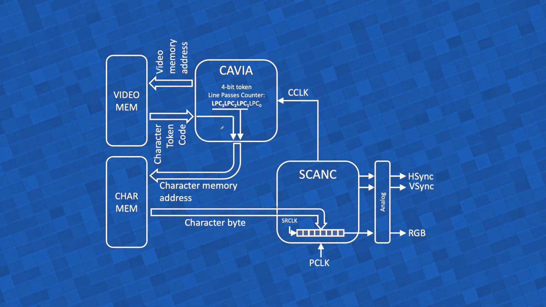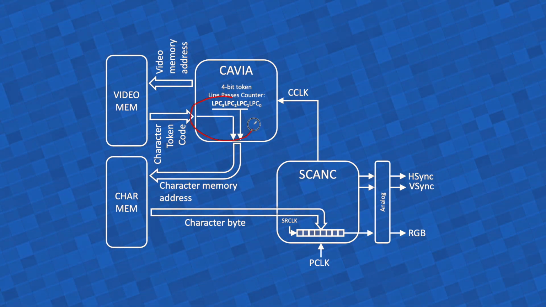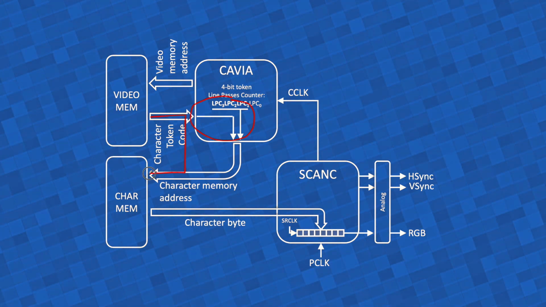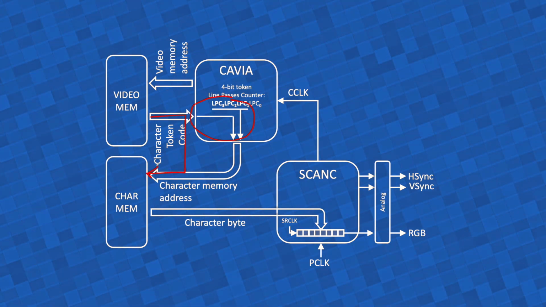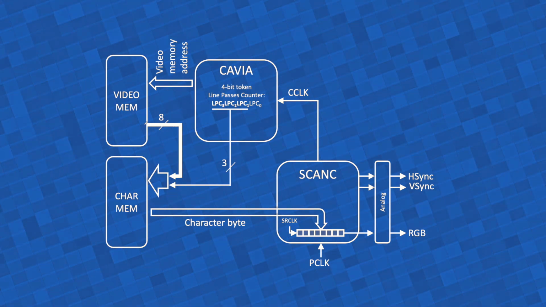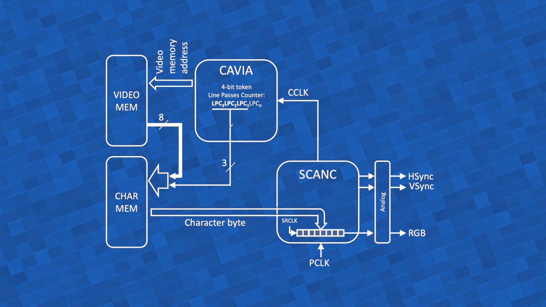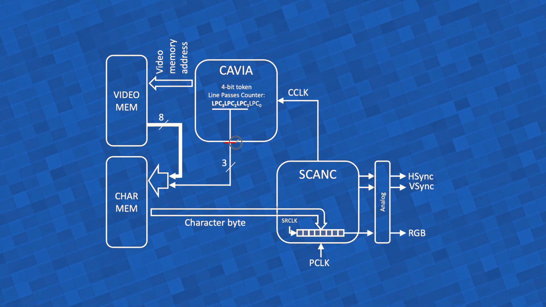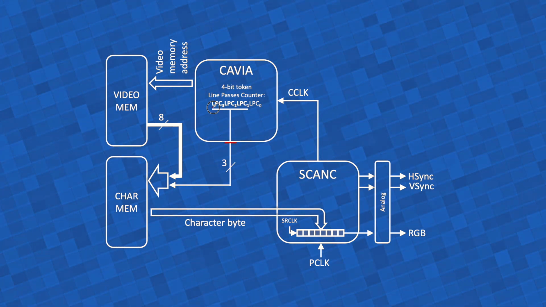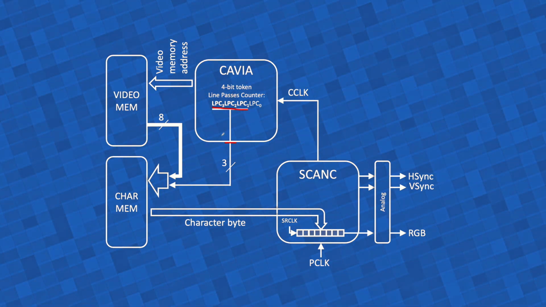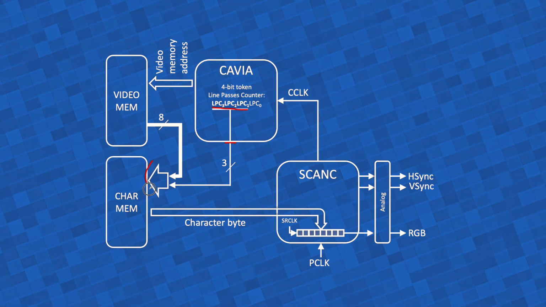So in fact, we don't really need to do this within CAVIA. We can just pass these 8 bits straight there. These 8 bits go straight into the respective positions of the character memory address, and then we use only 3 pins in CAVIA to pass these 3 bits, the 3 most significant bits of the token line passes counter, and then we have the solution.